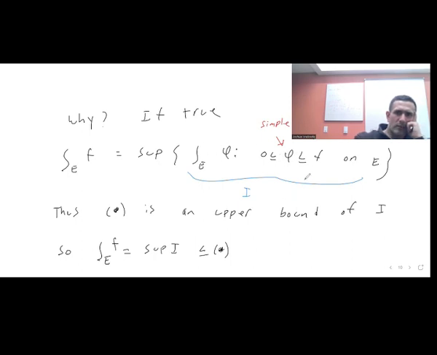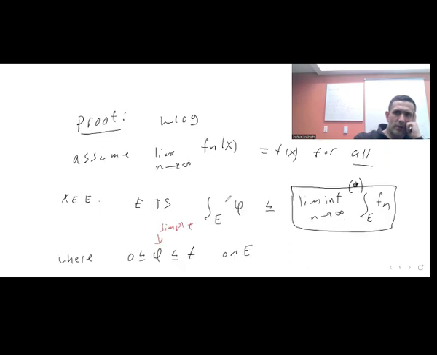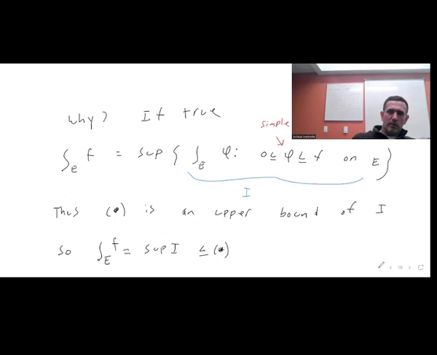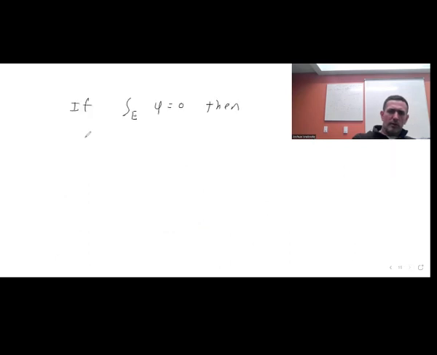I want to look at this integral here, where we pick one of these simple functions. If this integral is 0, well, 0 is less than or equal to something non-negative. So there's nothing to do. All right, so let's assume the integral is not 0.